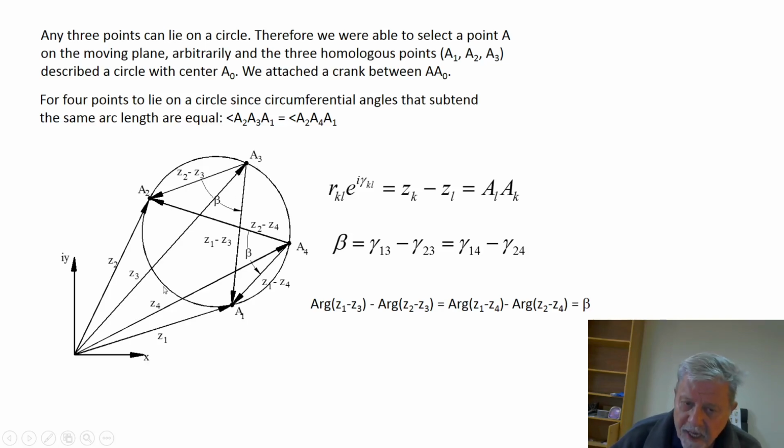The chordal angles, not the central angles, that subtend the same chord arc length must be equal. This is from geometry. Now, this angle beta must be equal to this angle beta.